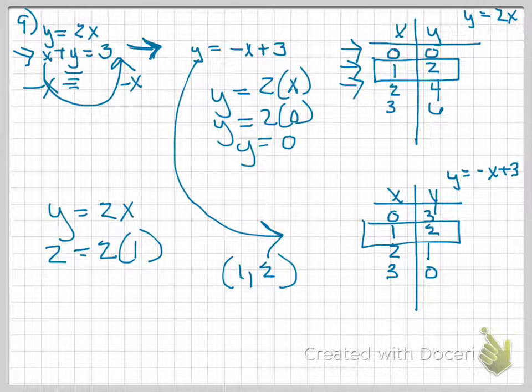So 2 times 1 is 2, and y is 2, so that's correct. And then we do it also for the second equation if you want to be doubly sure, if they're more complex equations and you can't just simply eyeball and look. So that's how you find the coordinates given that example in the book on number 9.